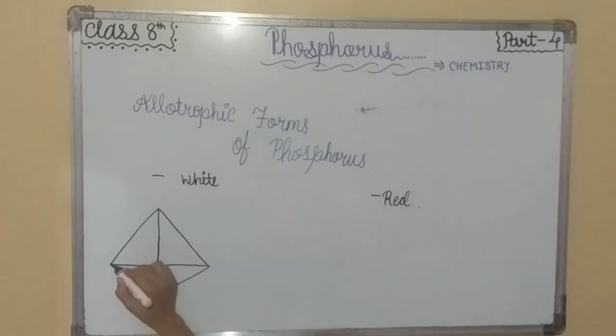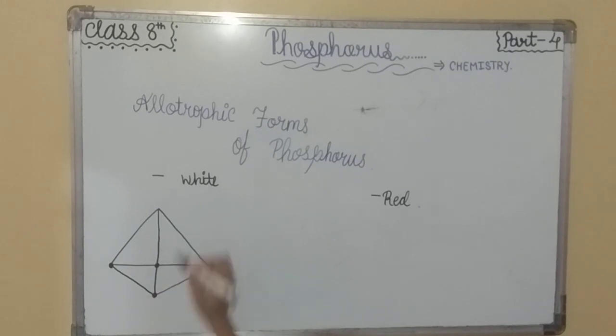Like this it is. Red phosphorus contains chains of P4 molecules.